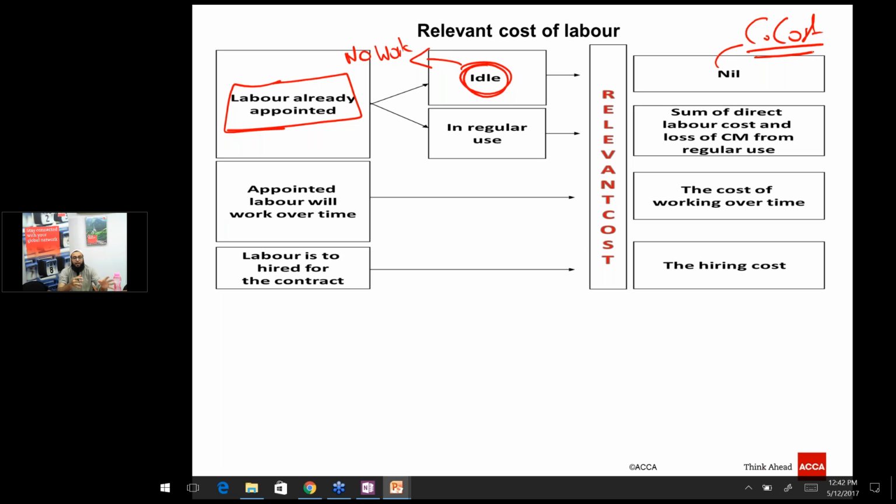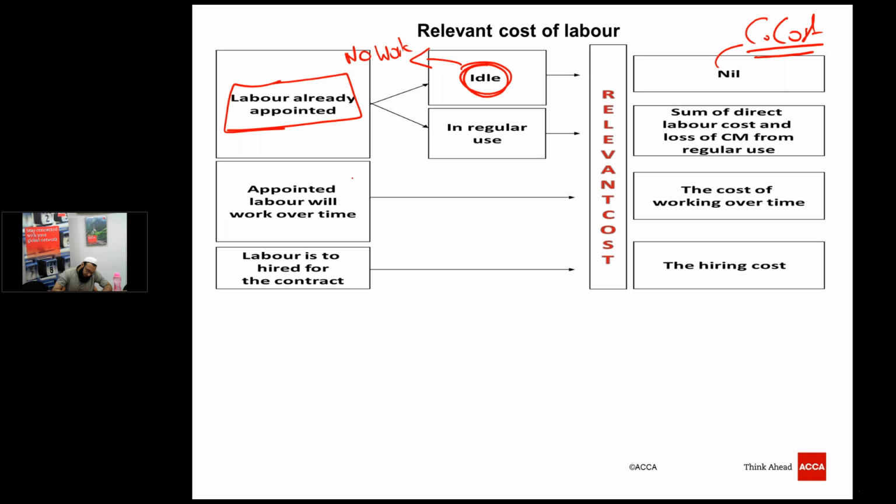Now if you use that labor for a one-off contract, it will have no incremental cost, because you are already paying that labor, so nothing will be charged to the one-off contract. Even if you take up the one-off contract, even if you lose it, you have to pay the labor, because these are idle hours.